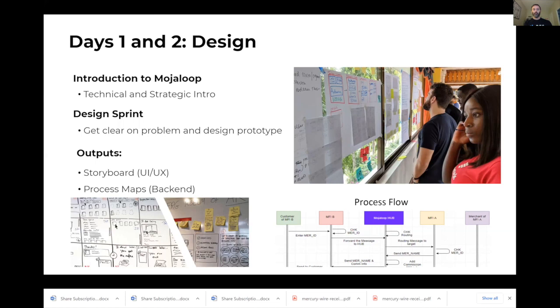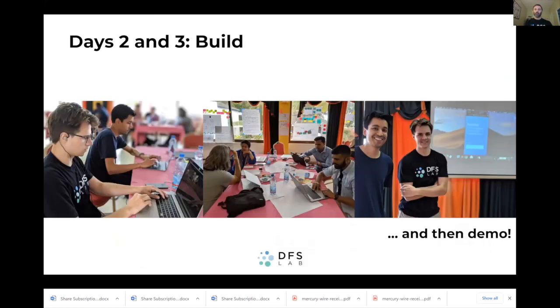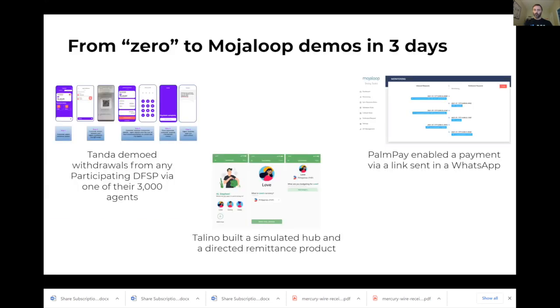They'll create a UI, UX storyboard and process map. And then the next day and a half or so are really to build it and turn it into a live demo, which is pretty cool. And there's Lewis again. So the idea is, again, zero to Moduloop in like three days.